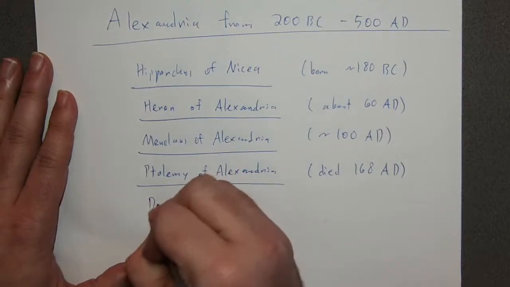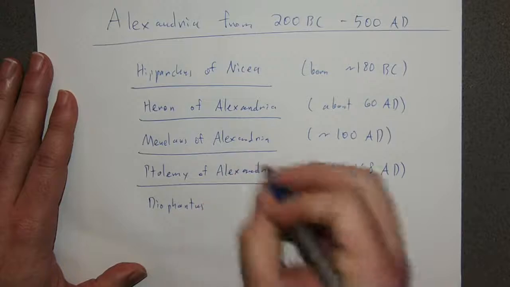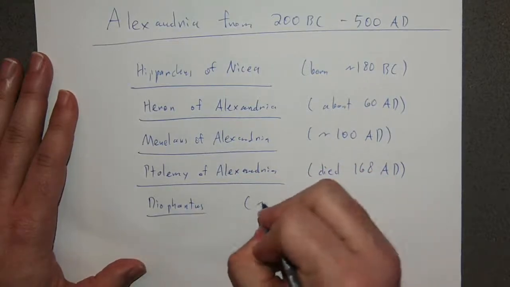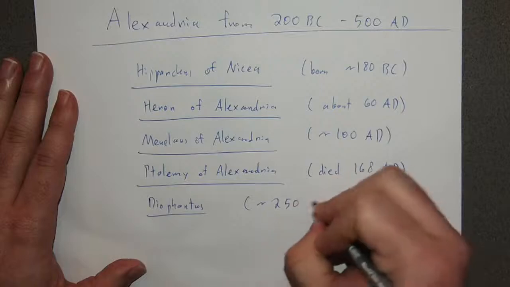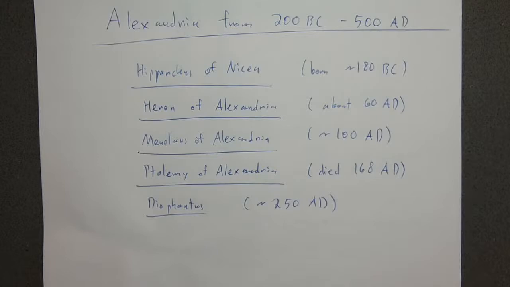There's Diophantus that I mentioned previously, who was active approximately 250 AD. Diophantus was known for his analysis of what are called Diophantine equations. That is still the title of this subject.